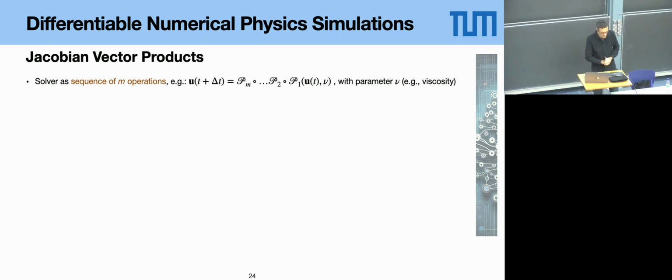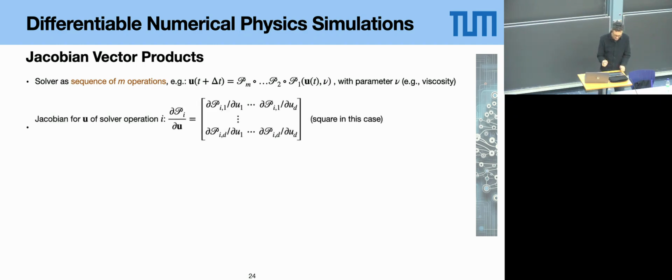And now what we're interested in are these derivatives of our simulator output with respect to the input. And that's a matrix. So that's important to write out and keep in mind here. This derivative that I also had on the previous slide for any operation i in our chain, is now the derivative of P with respect to u.